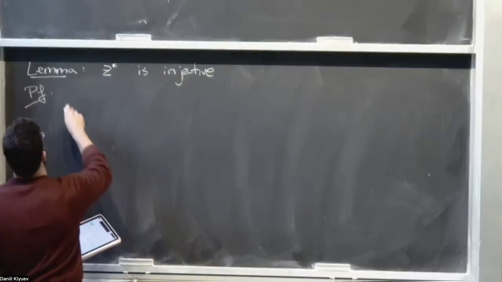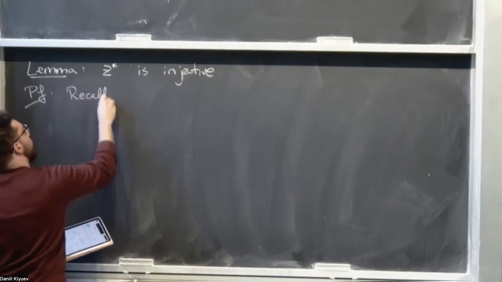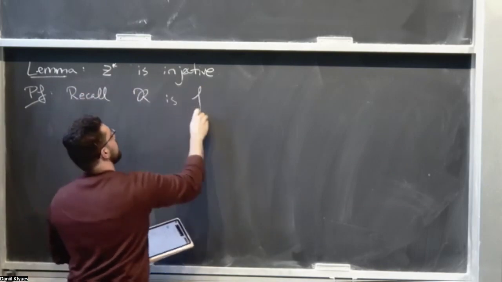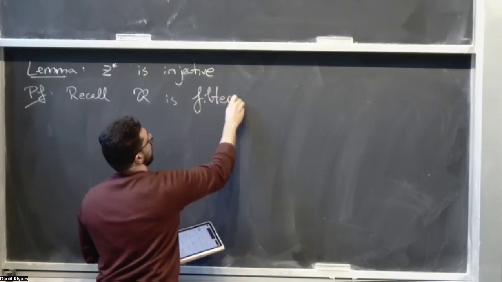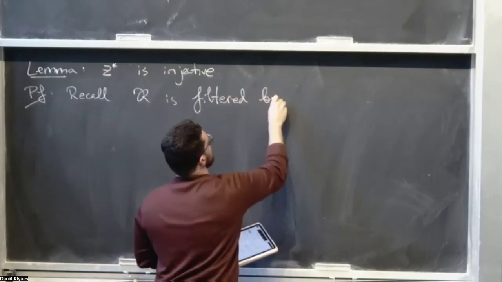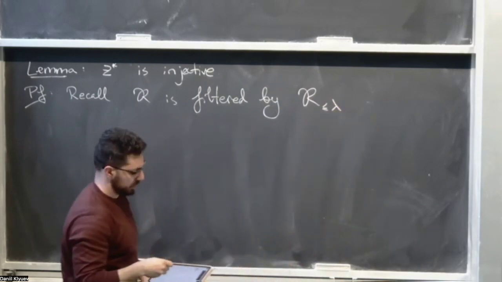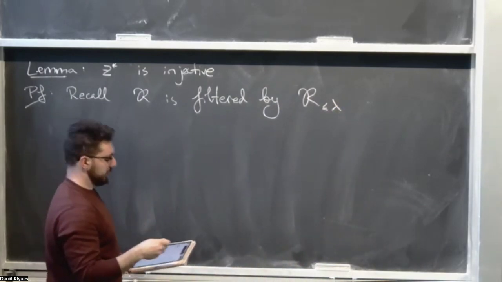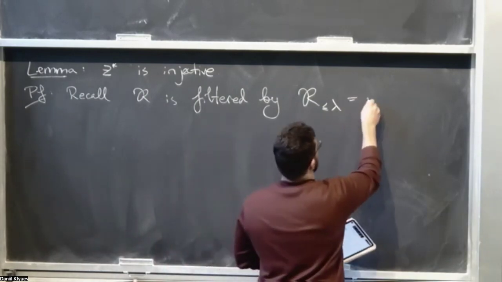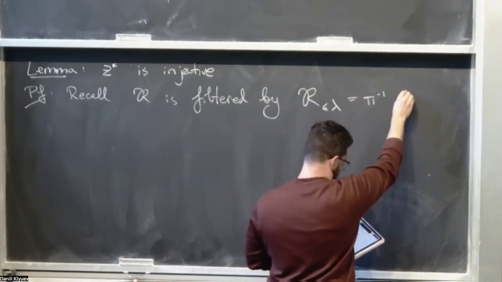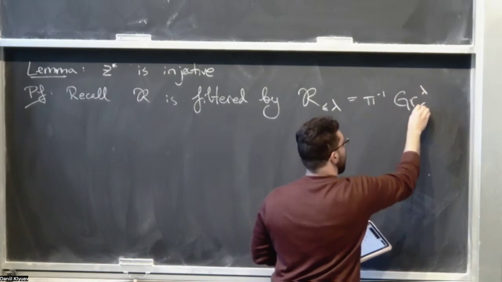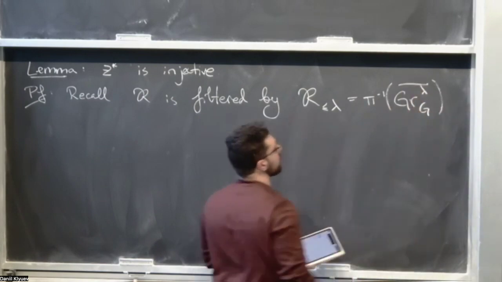So remember, R is filtered. This will come up again later also by these R less than or equal to lambdas, or lambda dominant coweight, which is the pre-image of these closed pieces of Gr.